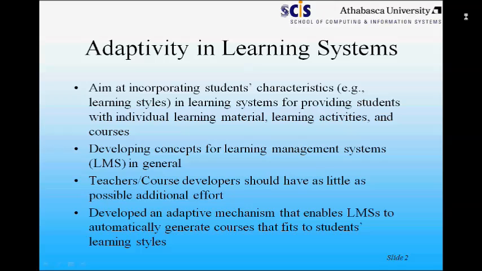The aim of our research is to incorporate students' characteristics in learning systems and provide them with learning material, learning experiences, learning activities that fit their characteristics. There are two important issues we consider when developing such adaptive mechanisms. One is that we develop concepts for learning management systems in general.